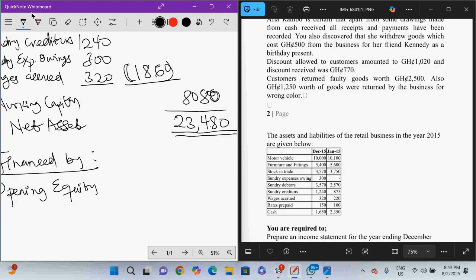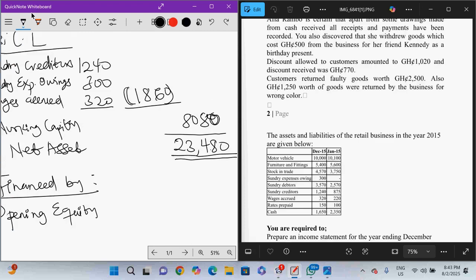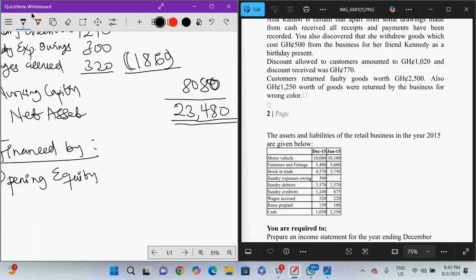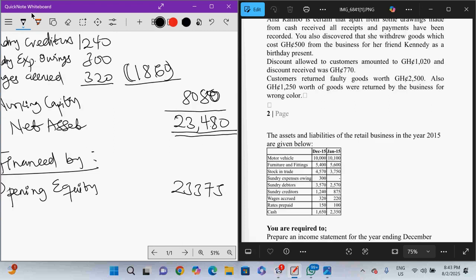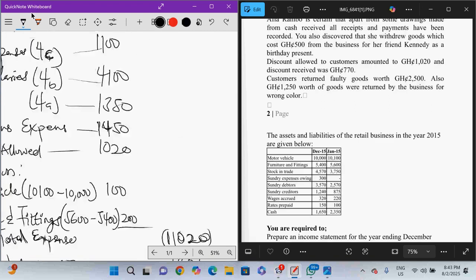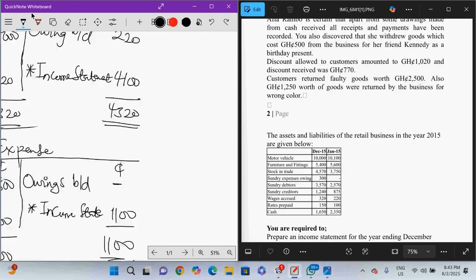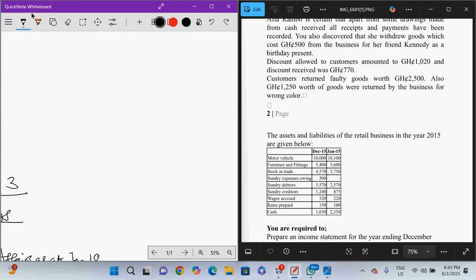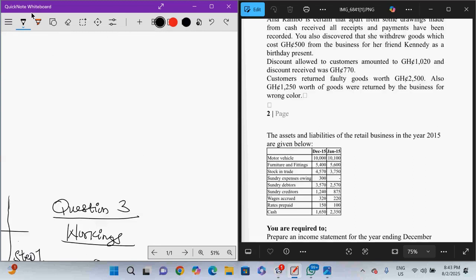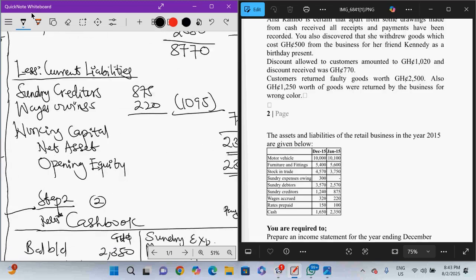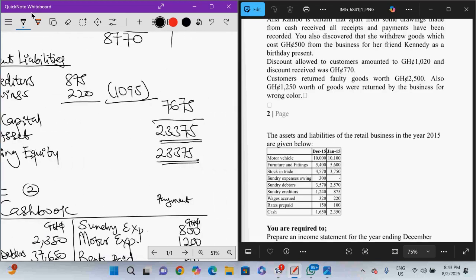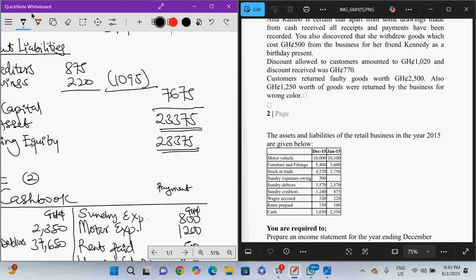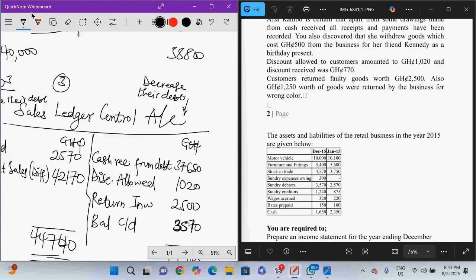What was the opening equity? 23375. I believe you all can see where we picked this figure from. That was the first statement of affairs that we prepared. So that would be the equity that we use, 23375.